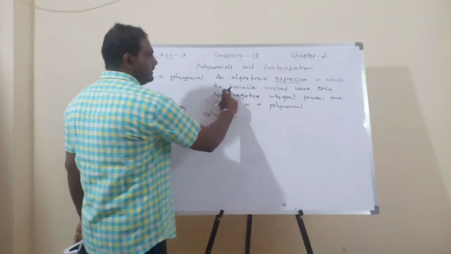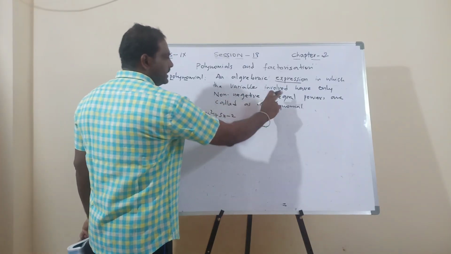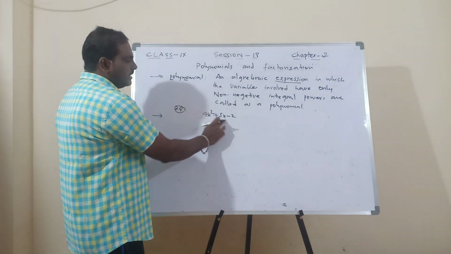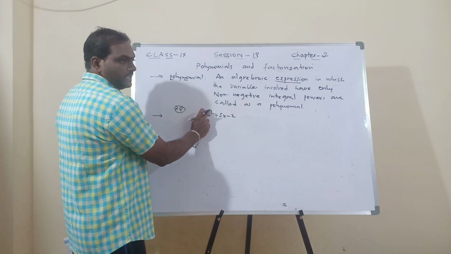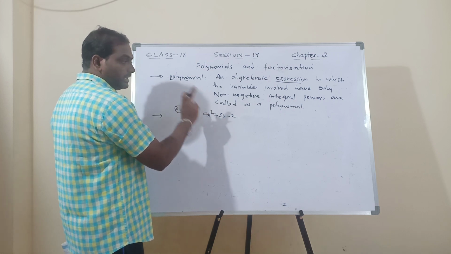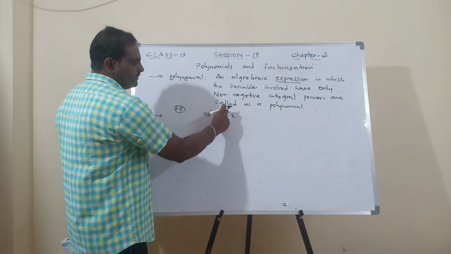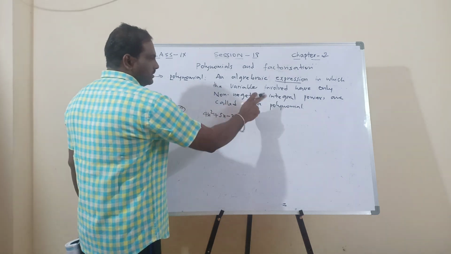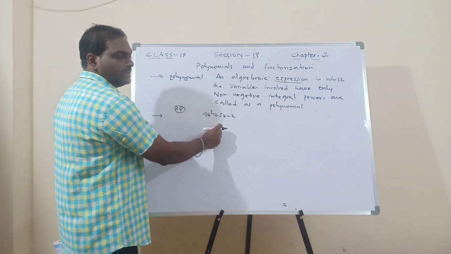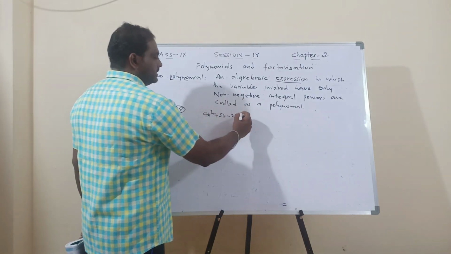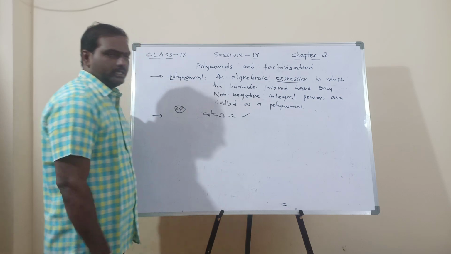The next point is, the variables involved should have non-negative integral powers. What are the variables here? x, x. And what is the power? Plus 2. Look at this, non-negative. If a symbol is not given, it means plus only. And what is the power here? 1. So it is an expression. Second, its power is positive, and that's why it is called a polynomial. Yes, it is a polynomial.